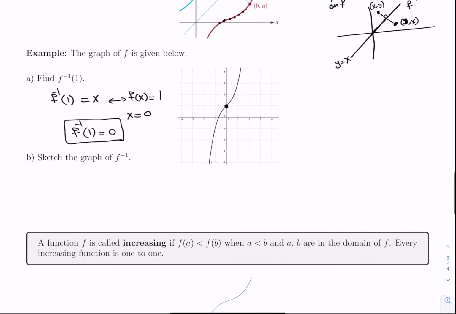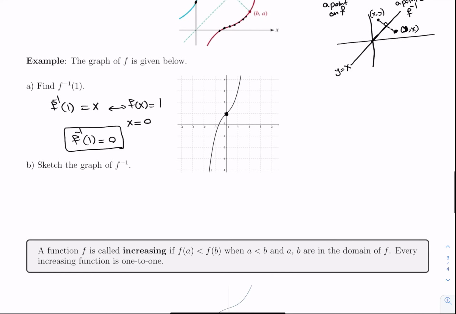Sketch the graph of f inverse. As we mentioned, in order to sketch the graph of f inverse, we need to reflect it in the line y equals x. To do so, we could begin with some points. For example, this point has coordinates 0 and 1.